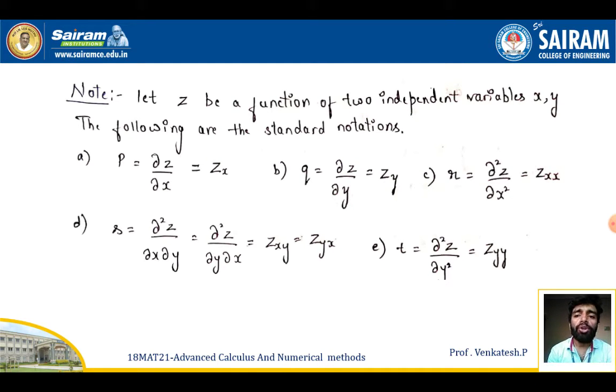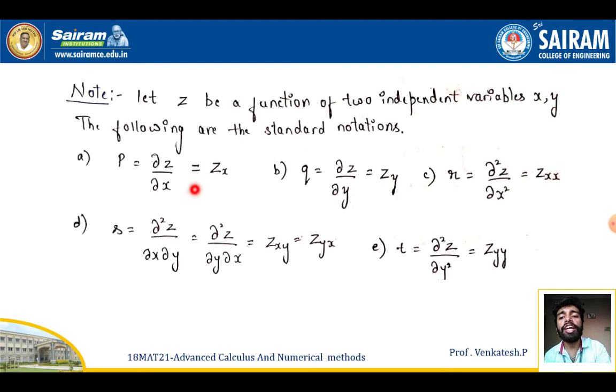So now a note on the partial differential equation. Let z be a function of two independent variables x and y. As I told, in the partial differential equation, one dependent variable will be having two independent variables here. So let z be a function of two independent variables x, y, and the following are the standard notations here.